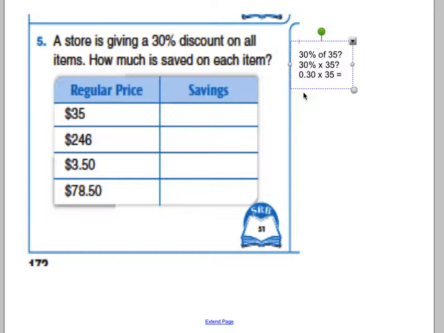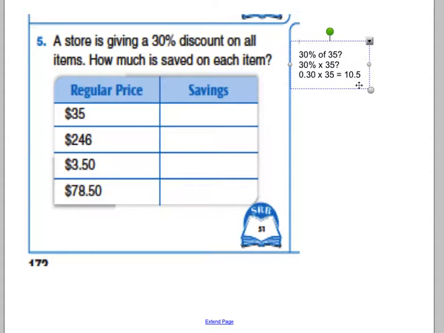a note right away. I know that it equals 10.5. Now that's what it displays on my calculator. So what that tells me is that I'm saving 10.5, but that doesn't seem to make sense, does it? Because we're talking dollars here.